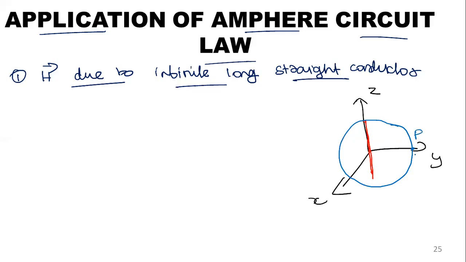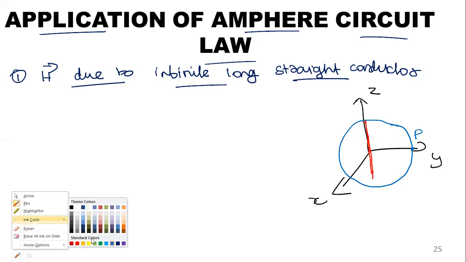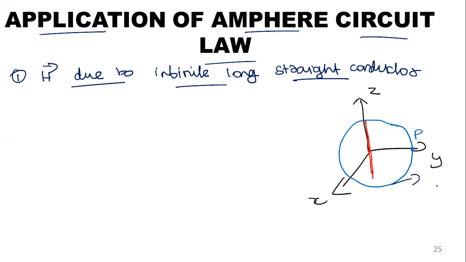We need to calculate the magnetic field intensity at point P on the Amperian path by using Ampere's circuital law. So we have d phi here, just like before, and this is the Amperian path we have taken, and this distance is r. So it is at a distance r, and O is the origin.